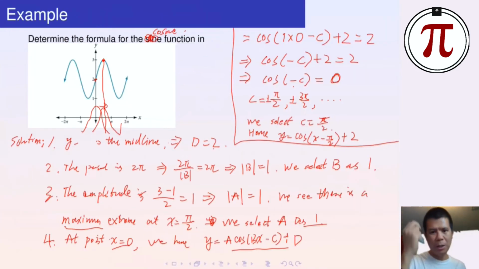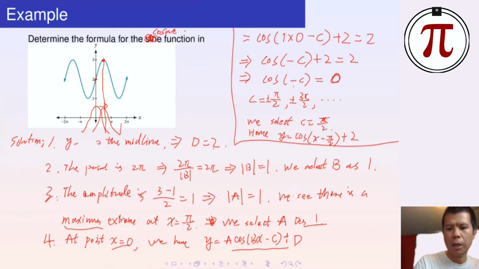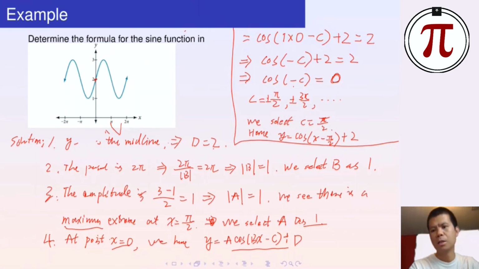Now, why don't we solve this one for sine? Instead, we did it for cosine. How about sine? Let's do this one for sine this time. See if you can find this one using sine. I think 1, 2, 3 are good.